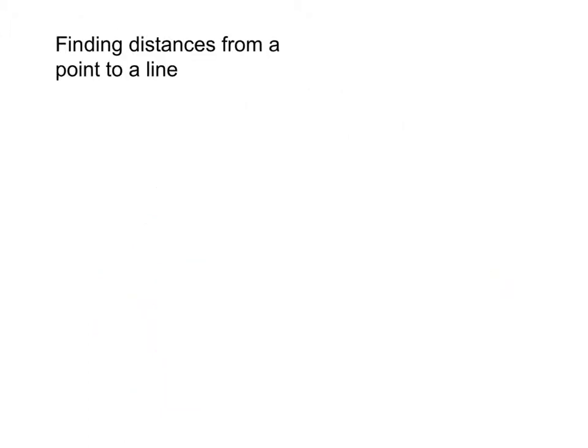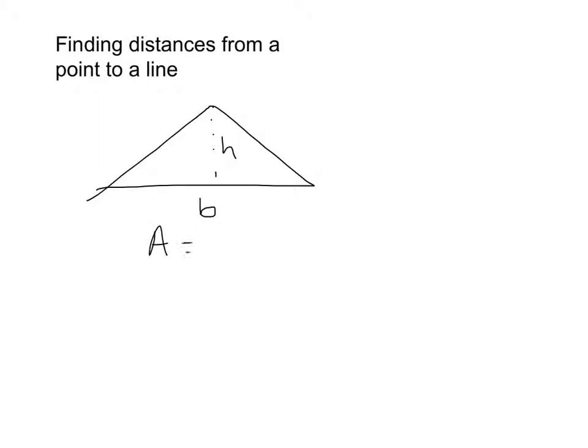Now that we have Heron's formula in hand, we can use it to actually find heights. And so we have these two different ways of finding the area of a triangle. One of them is, if you have the height, you can take it times the base. You know, the area is 1/2 base times the height.